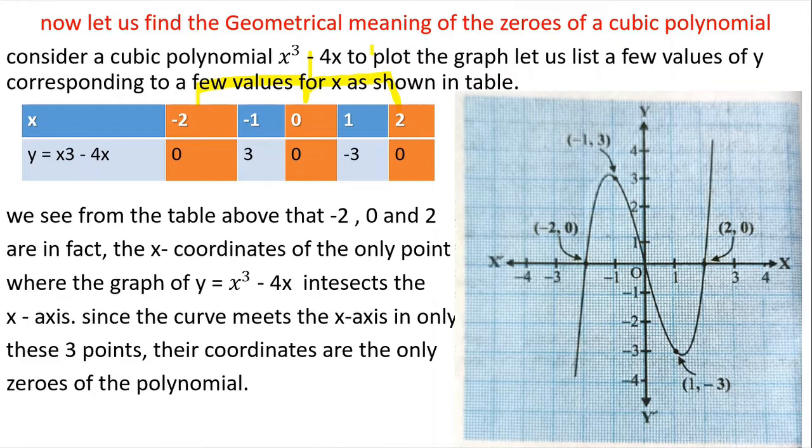When you plot the graph, we can clearly see that the graph intersects the x-axis at 3 points, that is at minus 2, 0, and 0, 0, and 2, 0. So, by this we can clearly say that minus 2, 0 and 2, these 3 are the zeros of the given cubic polynomial.